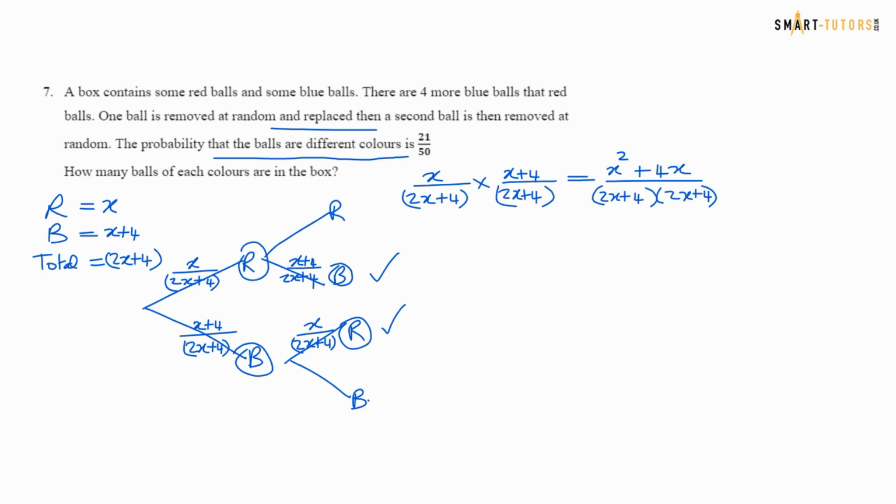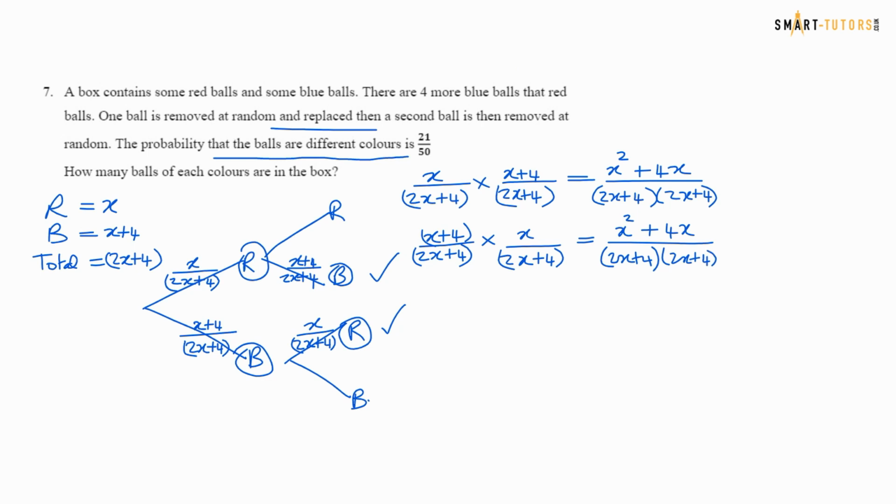And the next one, x plus 4 over 2x plus 4, and times x over 2x plus 4, and that is going to be x squared plus 4x over 2x plus 4, 2x plus 4.